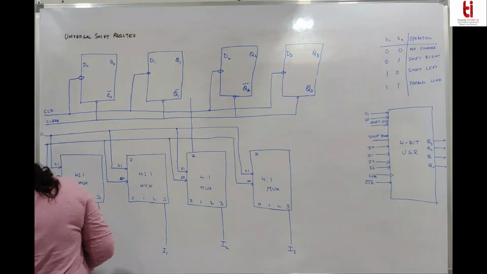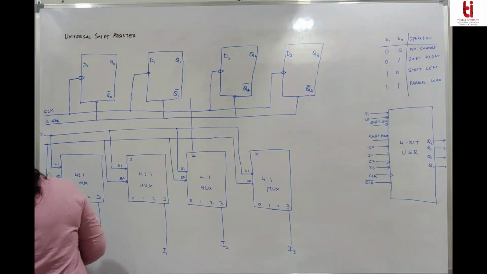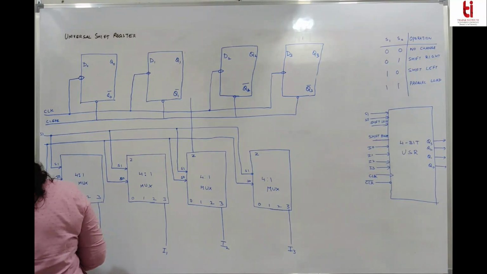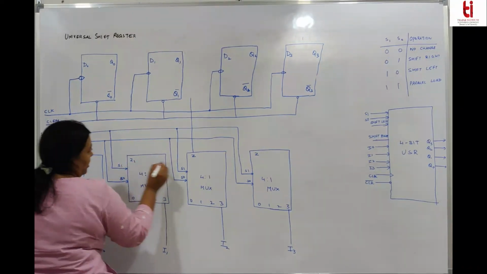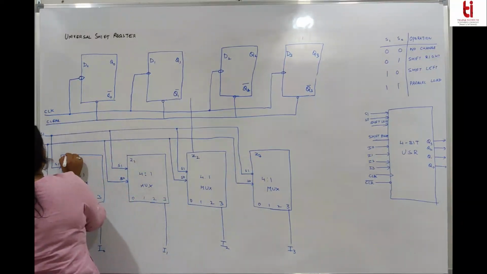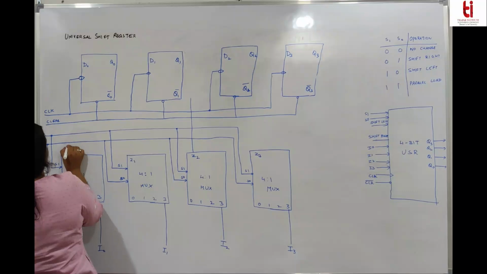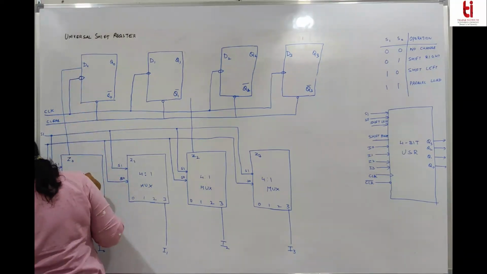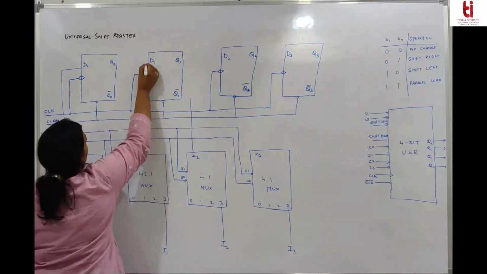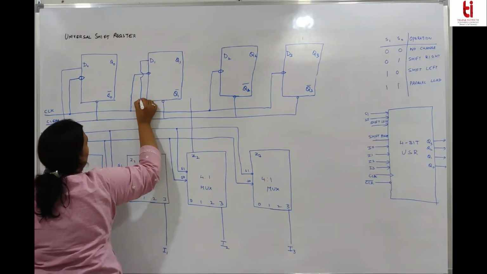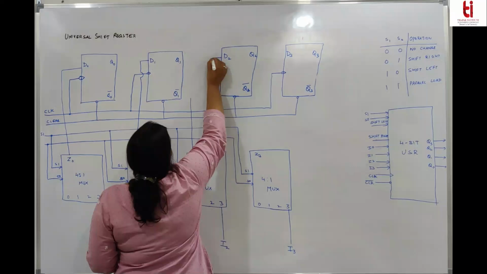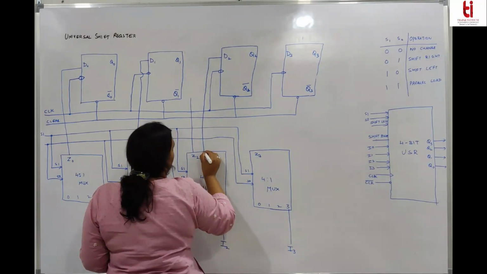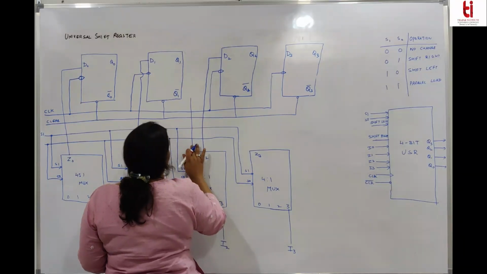Then we have the mode, this is actually your mode control. Your outputs Z0, Z1, Z2 and Z3 are each fed as an input to this one, the output of a multiplexer.